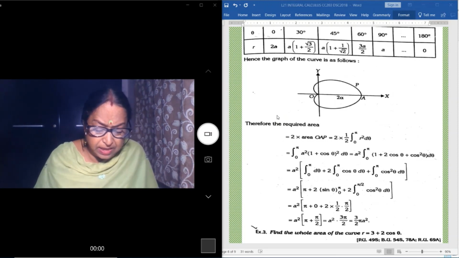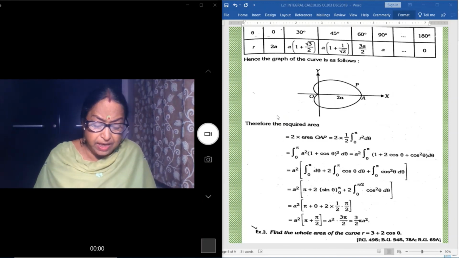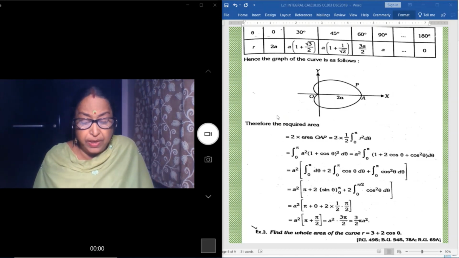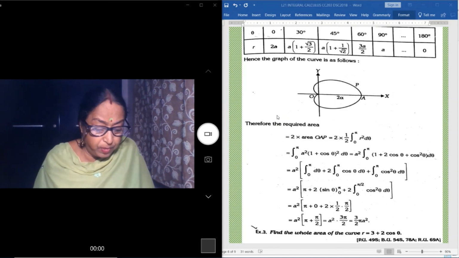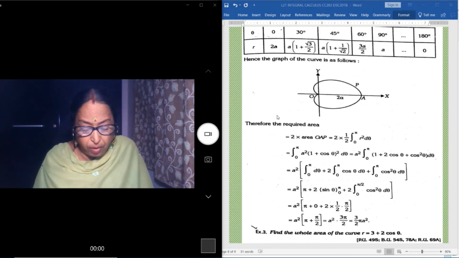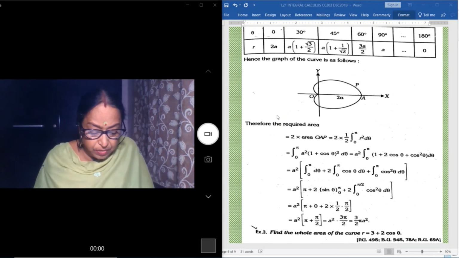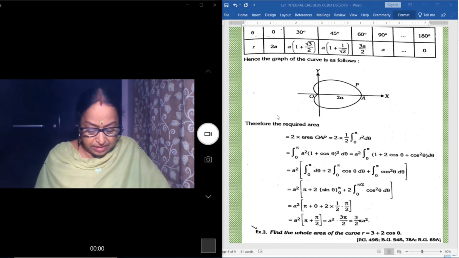Here you can see a square (1 plus cos theta) the whole square. It is an even function, so we can write it as 2 times the integral from 0 to pi by 2, or you can integrate it as you can see, and after that we will get the result.